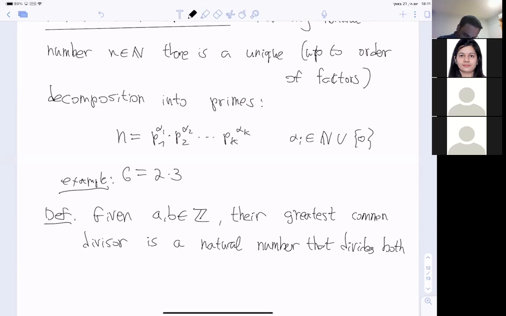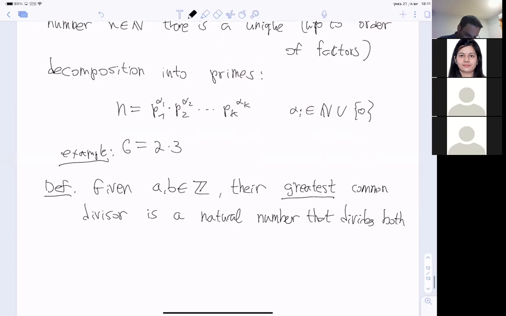So this is the greatest one. We write it like this, or shortly, just like this.